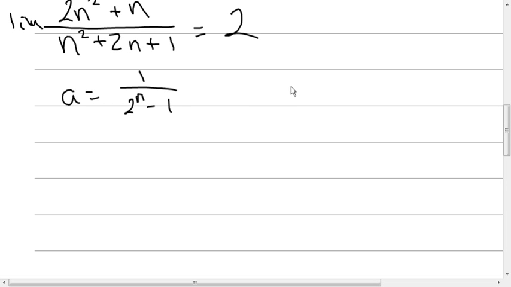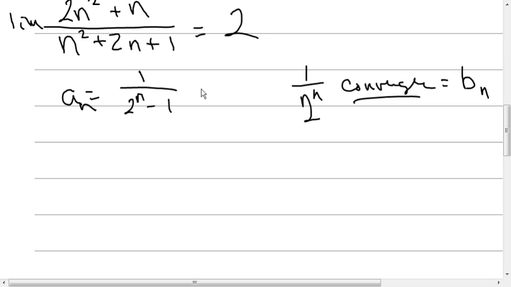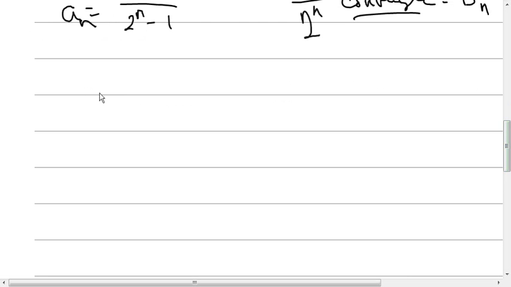We already know that 1 over 2 to the nth converges, and we can see that at a limit, when n gets very large, these two terms are going to be quite close together. So why don't we make this equal to b sub n, and this will be our a sub n. So we can make a ratio of these two. We get 1 over (2 to the nth minus 1) over 1 over 2 to the nth.